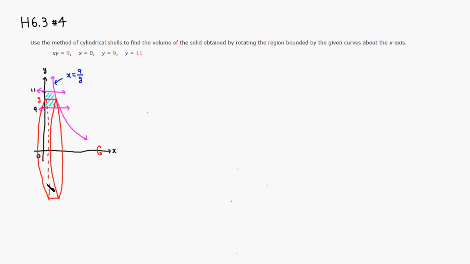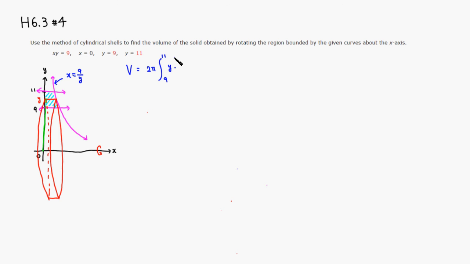So we can set up the integral. V is equal to, since it's the shell method, 2 pi times the integral going from 9 to 11. Now we have to determine the radius. You can see that the radius is from here all the way to y, so this is just y.